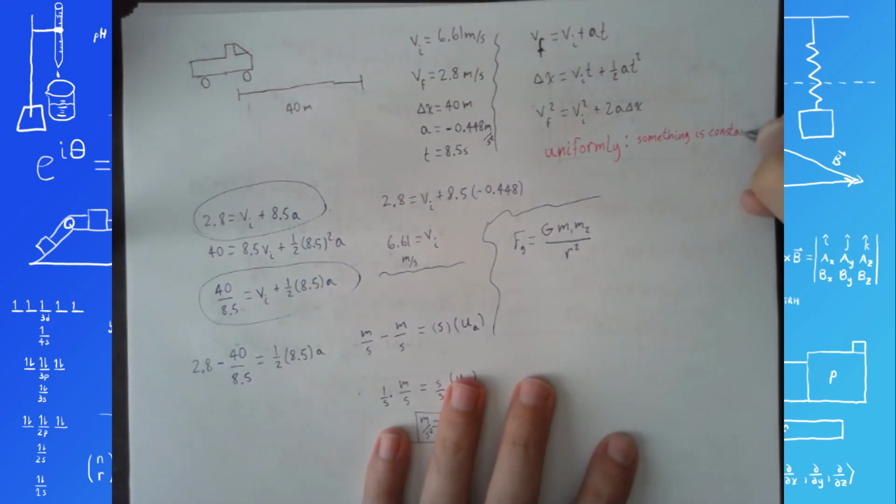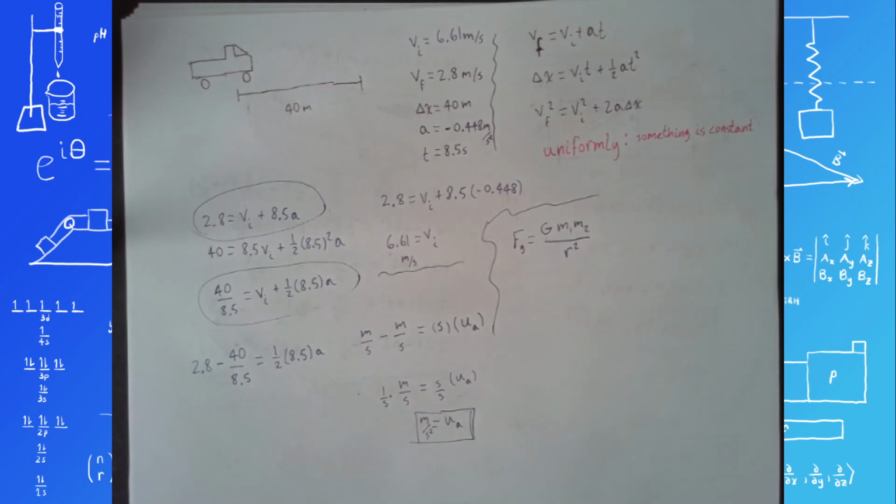What that something is depends on the situation. You might have an object with a uniform density. You might be talking about uniform circular motion, or in this case, uniform acceleration. The acceleration is constant. So it says a speedboat increases its speed uniformly from 20 meters per second to 30 meters per second in a distance of 200 meters.